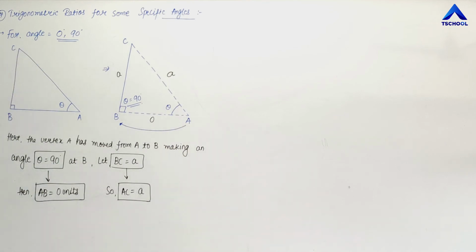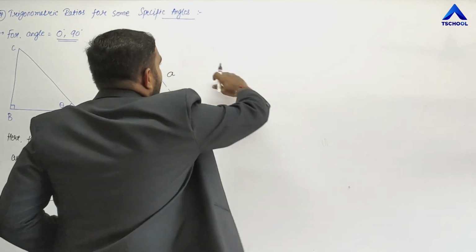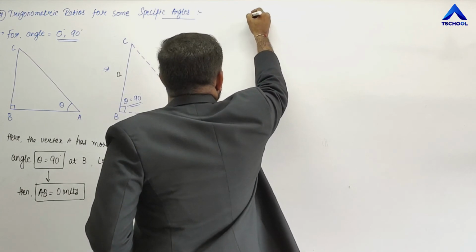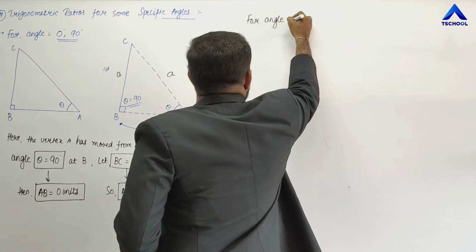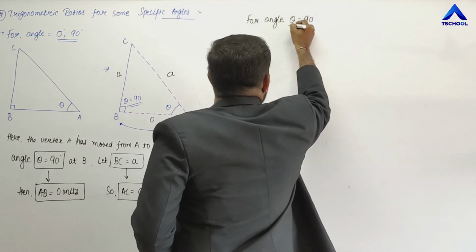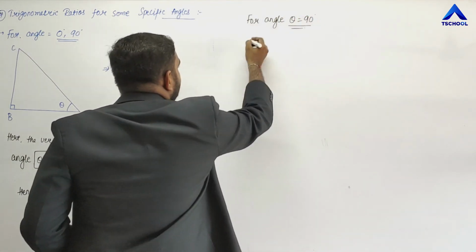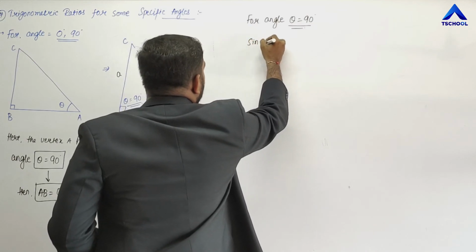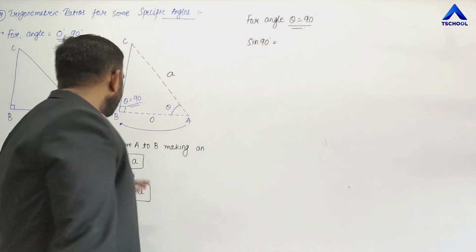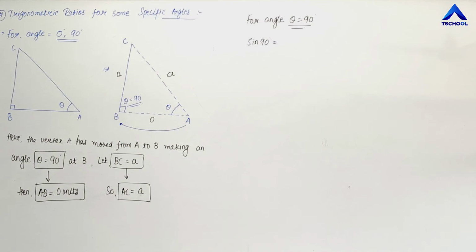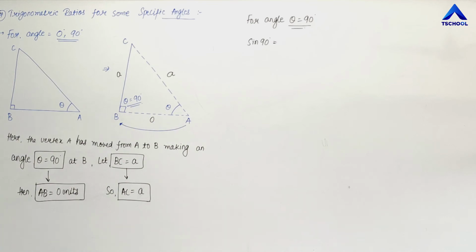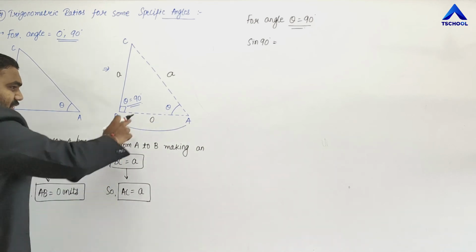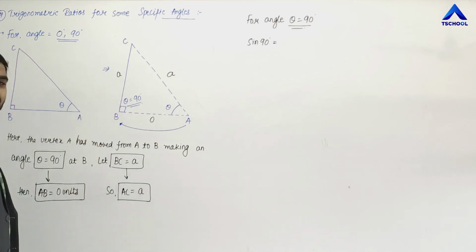So now what is making a doubt? That is the ratios. So for angle theta equals to 90 degree, we will have sin 90. Our 90 is here right now, but what will we take as the opposite side? This is the hypotenuse, this is not the opposite side. But actually, friend, we have made this theta here.